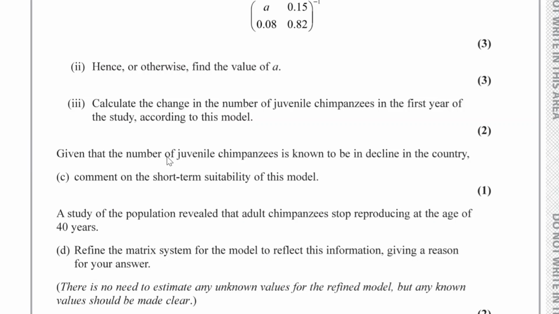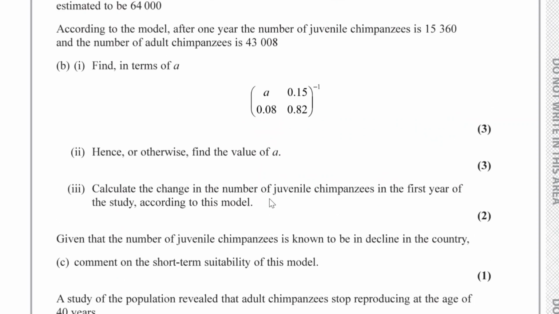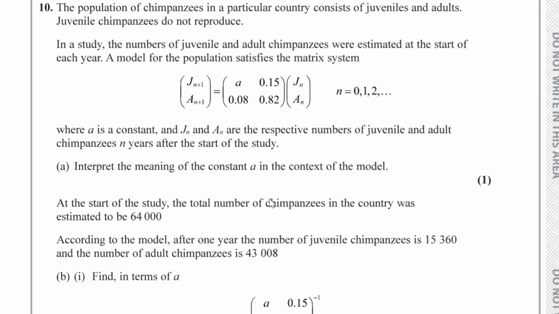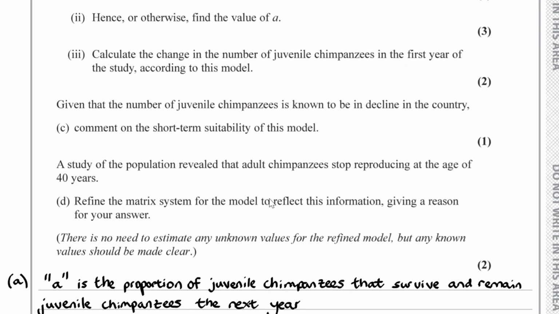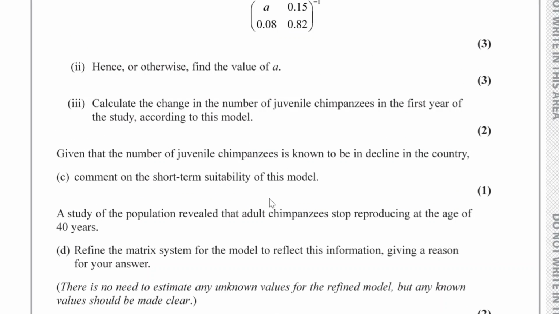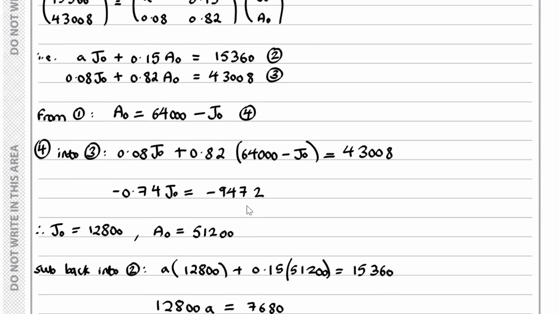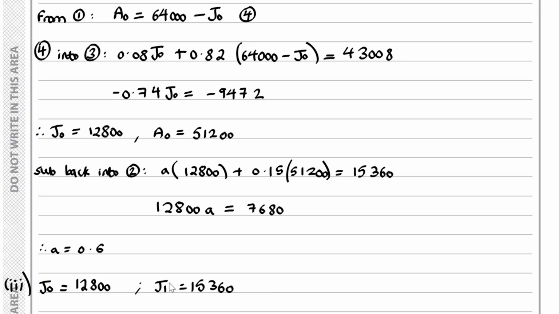Now for part C, given that the number of juvenile chimpanzees is known to be in decline in the country, we have to comment on the short-term suitability of the model. One thing that's important is that the number of chimpanzees is known to be in decline in the country, and we calculated that in the first year the number of juvenile chimpanzees is increasing, which contradicts that statement.